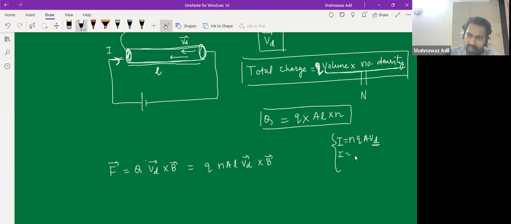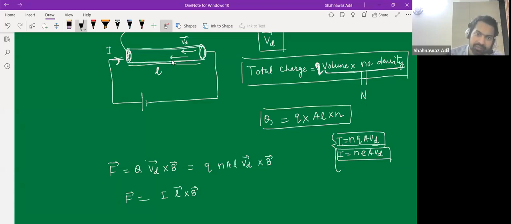In that way, I wrote this like this: N E A Vd. This was the expression that we derived. So similarly, here it is Q. So this is current I, and then this will become vector L cross B. So this is the force.